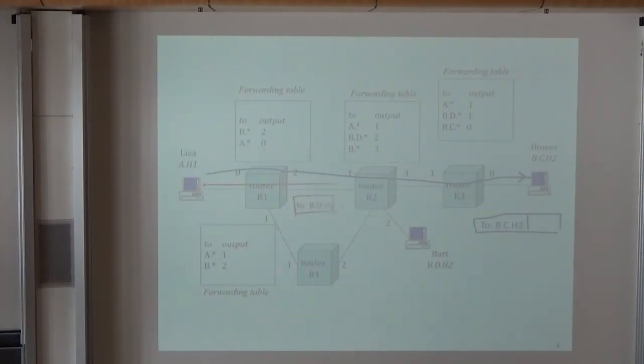The thing becomes more interesting when we talk of the packet that goes to B.D.H2, and then the difference is at router number 2, where this red packet matches 2 entries, and we will use the more specific one. So we should interpret this routing table by saying, at router 2, anything that starts with B, except B.D, should go to number 3.